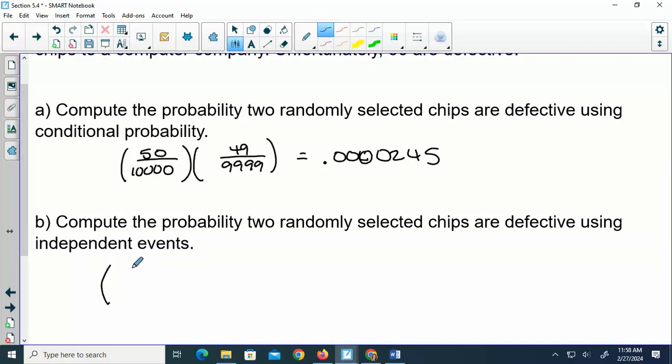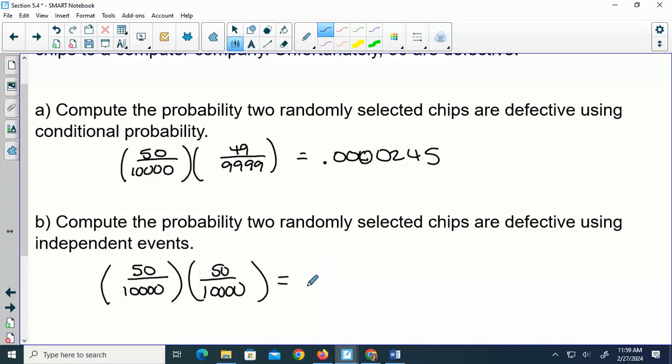I'm using independent events, so that might mean I check them at one spot and then somebody down the line checks it again. Could we look at the same chip? Yes, because I didn't set mine to the side. I looked at it, set it, put it back. So then the probability of the first one is 50 out of 10,000. Second one, 50 out of 10,000.